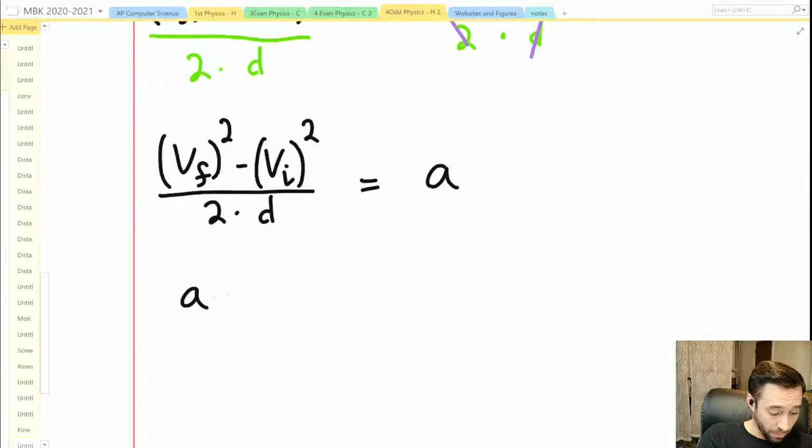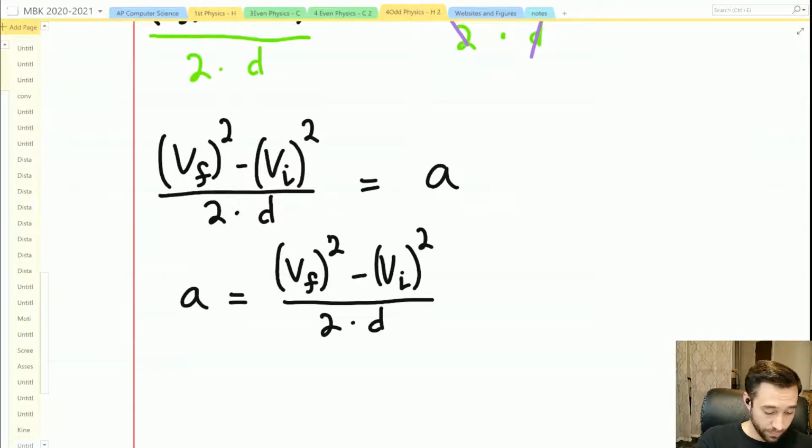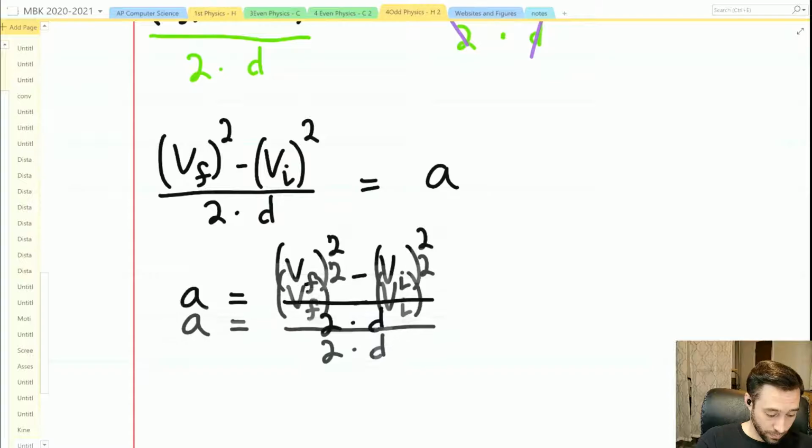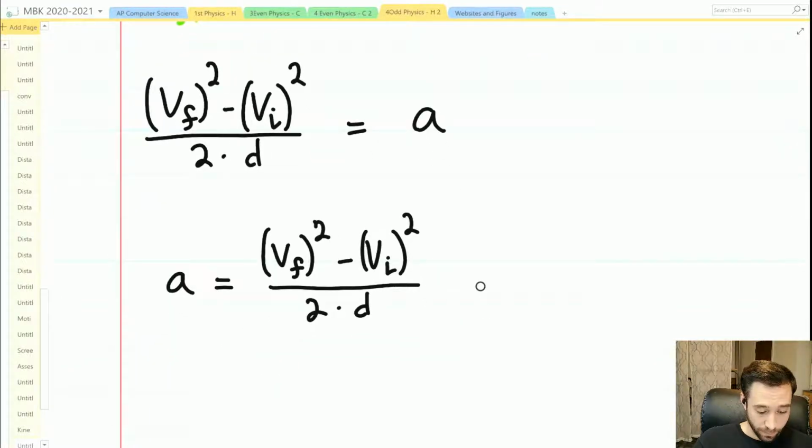So my final expression for this is going to be my acceleration is equal to my final velocity squared minus my initial velocity squared all over 2 times my displacement. Move it down a little bit. Okay. Is everybody tracking so far?